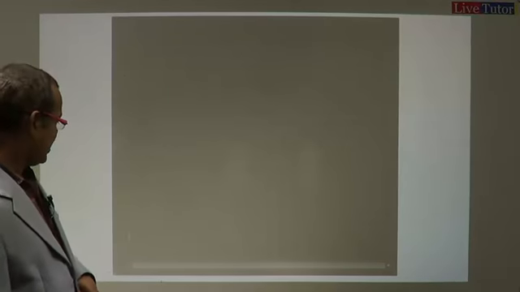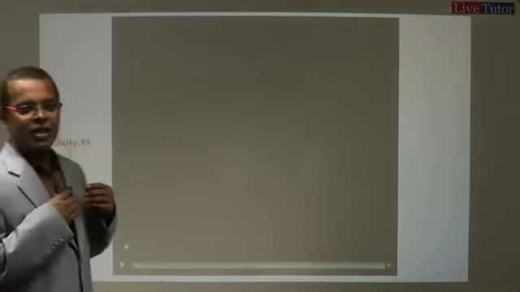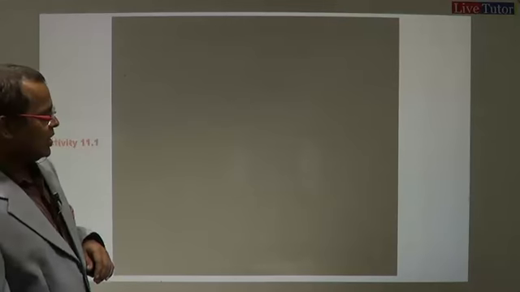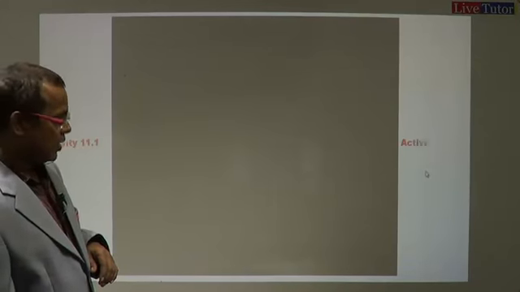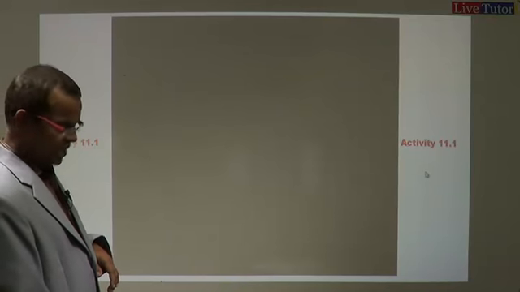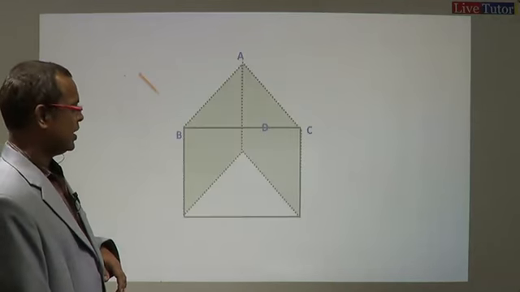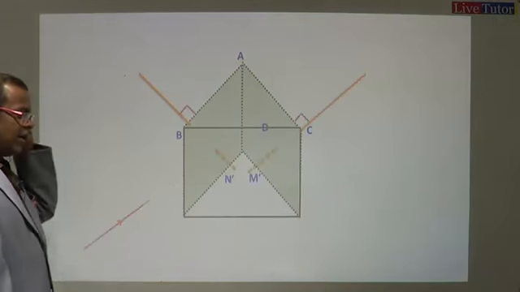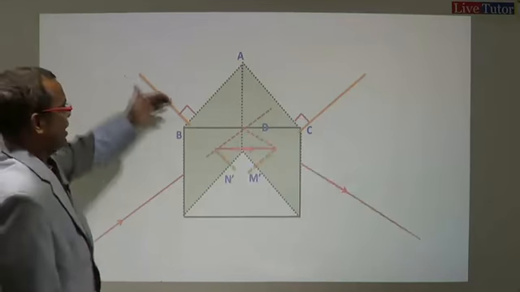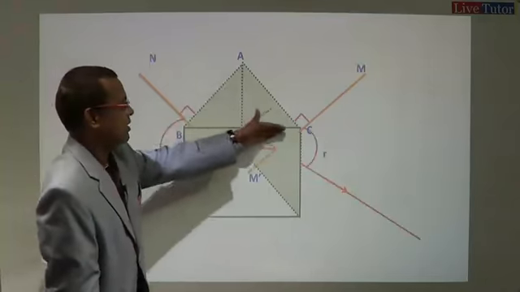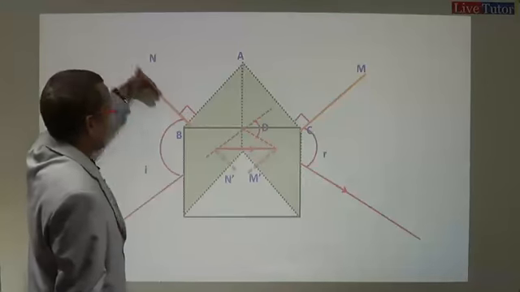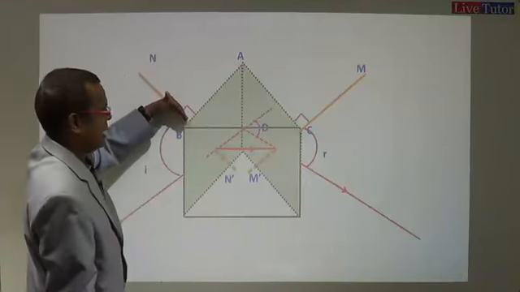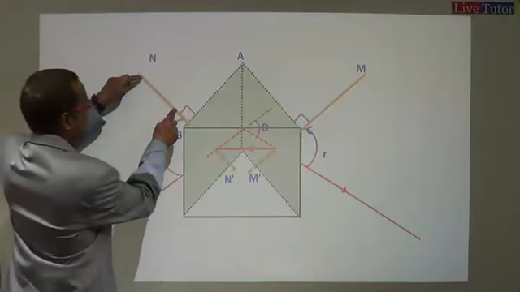So you would have seen that this is one of the activities which is done not only for your class but also for 12th standard. This is what it simply means. Suppose you keep a triangular prism like this and you have drawn a line here which is called the incident ray, and we have fixed 2 pins here.